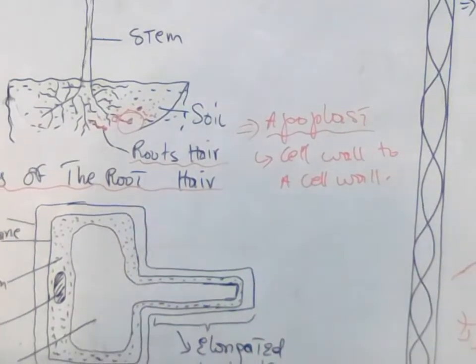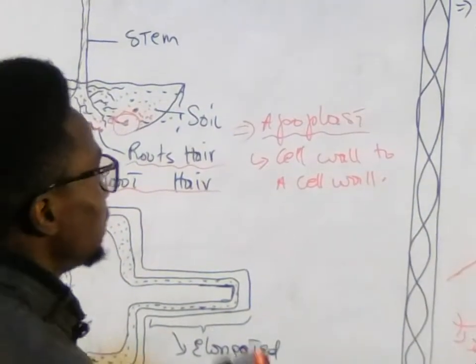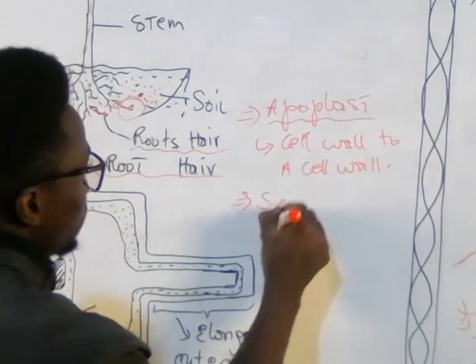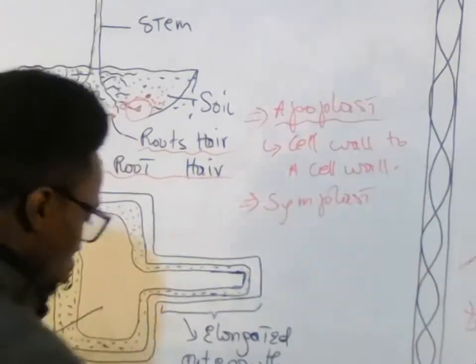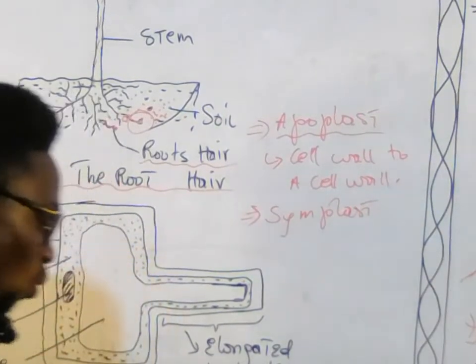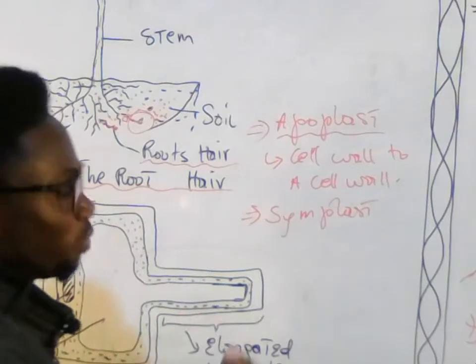Okay, the other way it will move, it will also use another process known as the symplast. So now, what is a symplast? A symplast is when the water is moving from a cytoplasm to another cytoplasm.